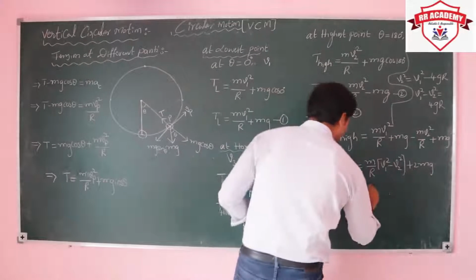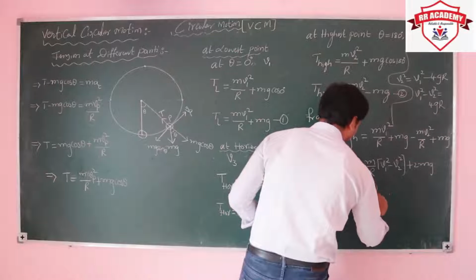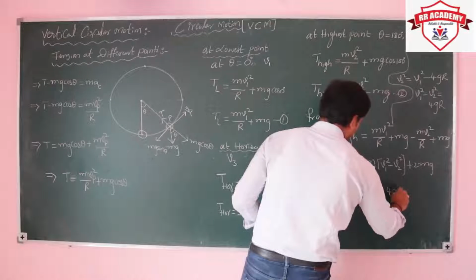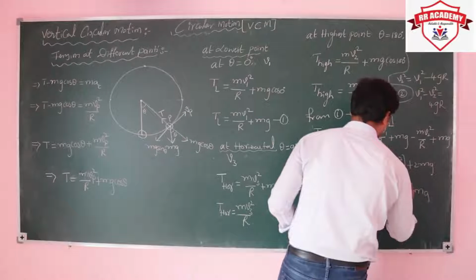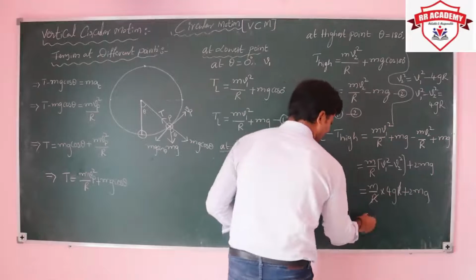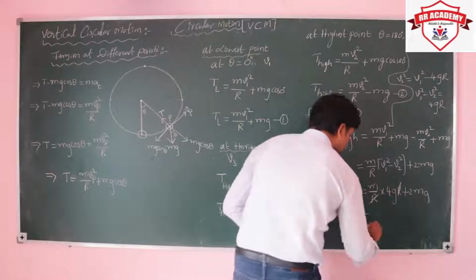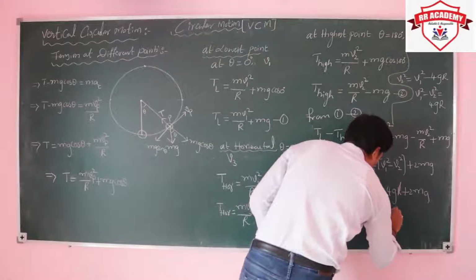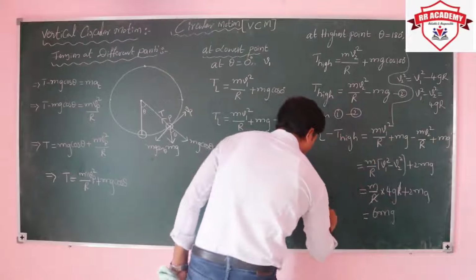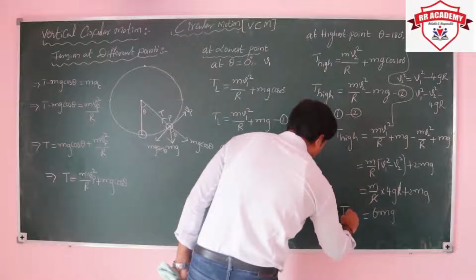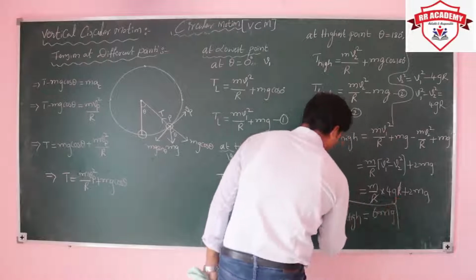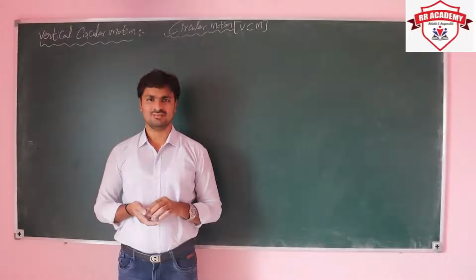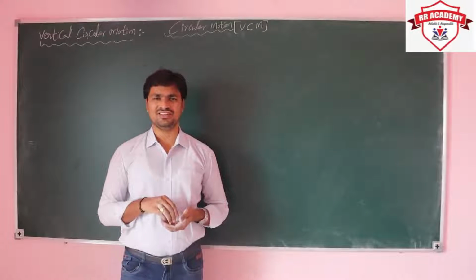So that is m by r into 4gr plus 2mg. The r gets cancelled, so 4mg plus 2mg is 6mg. So the tension difference between the lowest point and the highest point is 6mg.